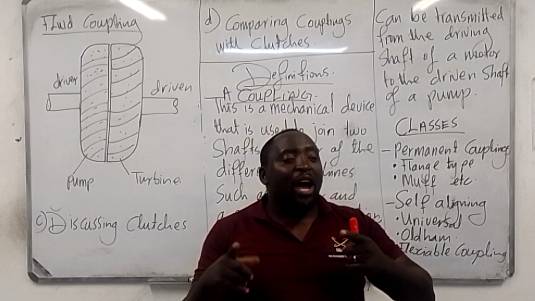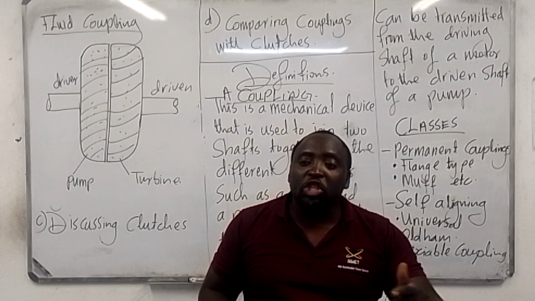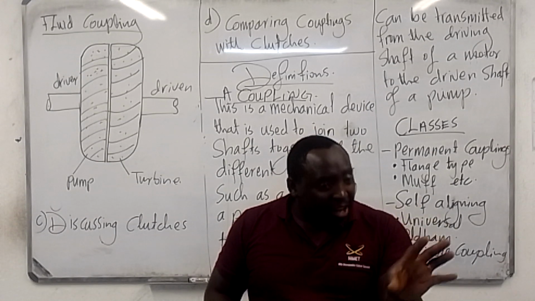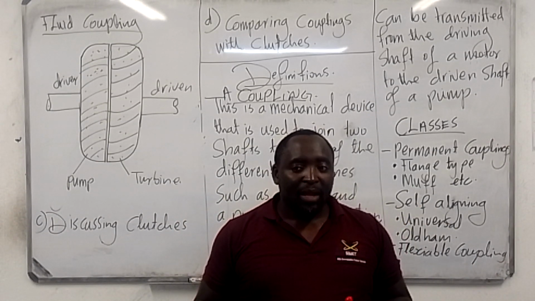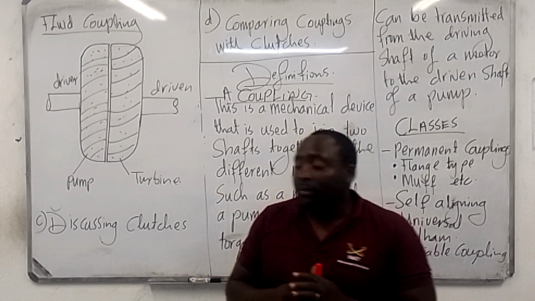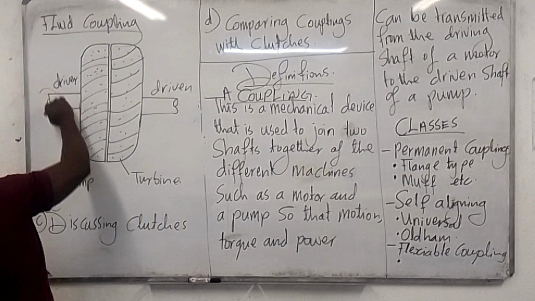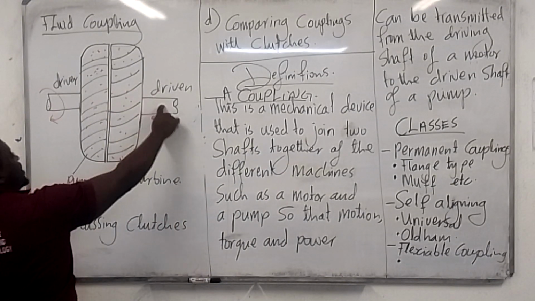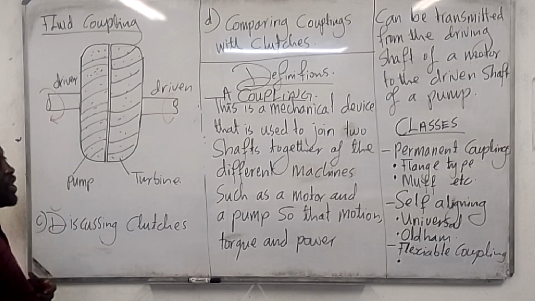So the friction is now working in reverse. The wave is working in reverse. So it will stop slowly, like in electricity, the way a capacitor operates. So a fluid coupling is like a capacitor. So this is the concept we have here. When this is driving, this will be stationary, and later on, it also follows.